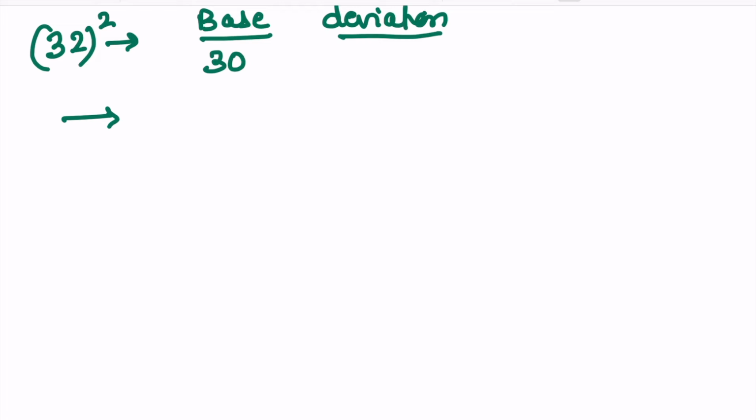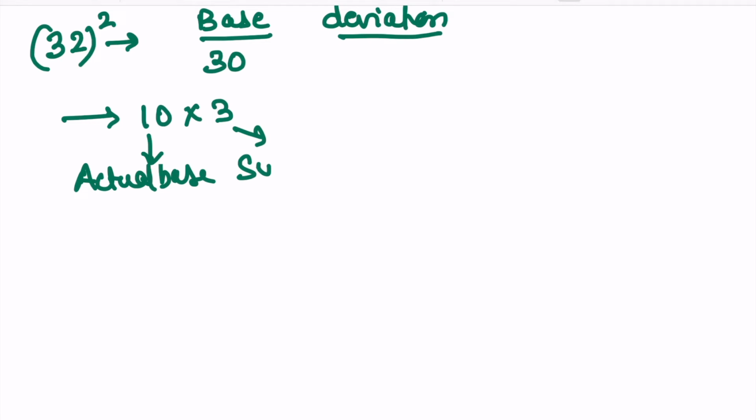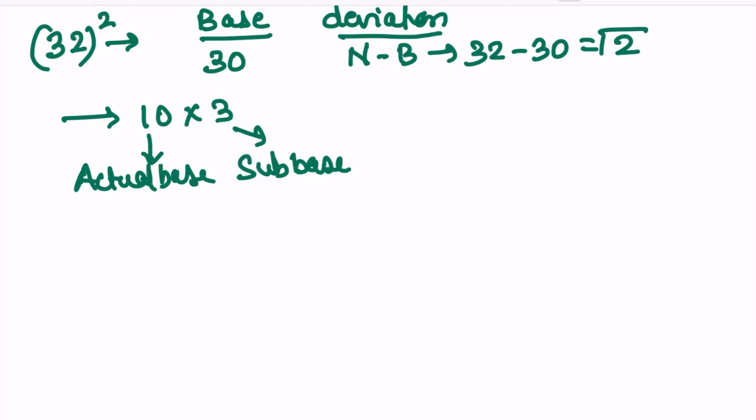Now we will break the base as 10 into 3. This is actual base and this is our sub base. Now in case of deviation, we have to minus the base from the number. So it is 32 minus 30. So the deviation equal to 2.